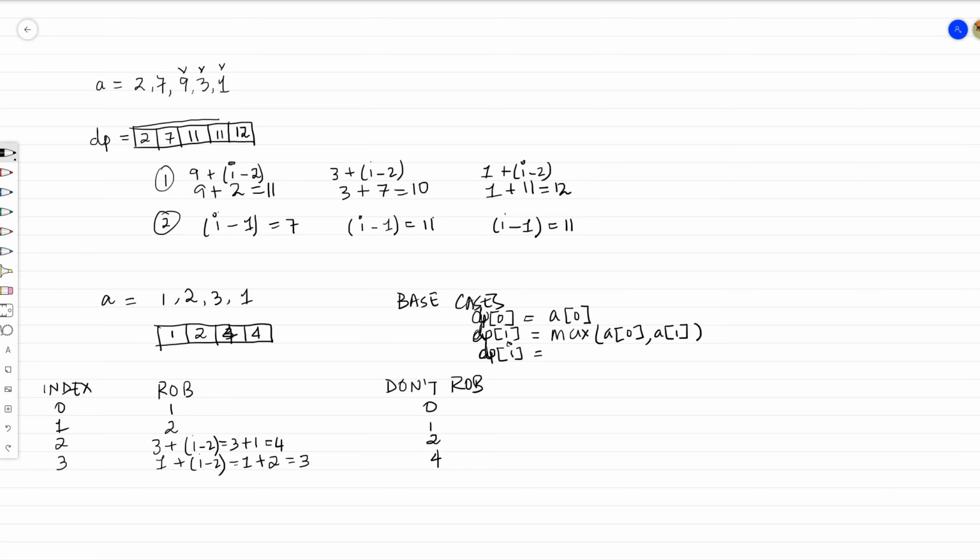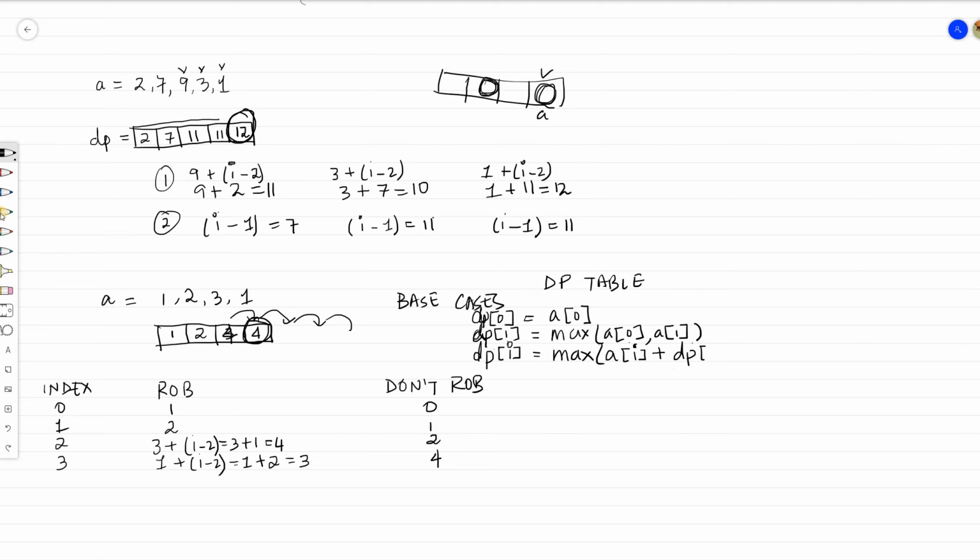Why so? If I have 2 and 7, either I can go for 2 or 7, so I am choosing the higher among the two. And for all other indexes, to get the max, if I rob it, that is A i plus, I'll look back at my table and see what my previous-to-previous best was. Consider this to be my DP table, which always has the best result.